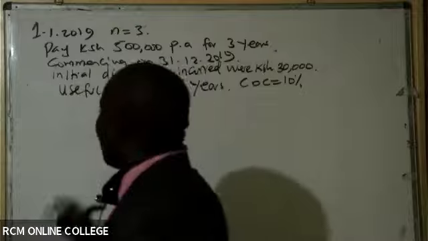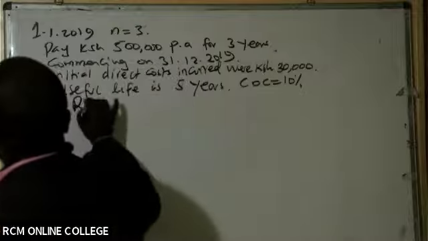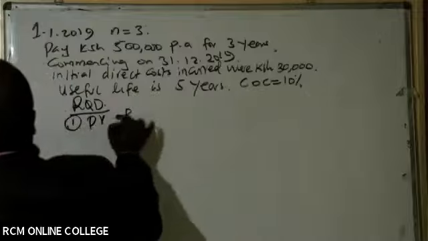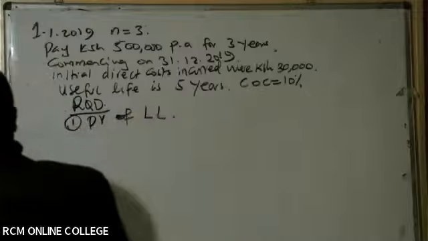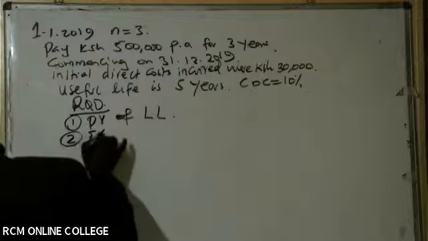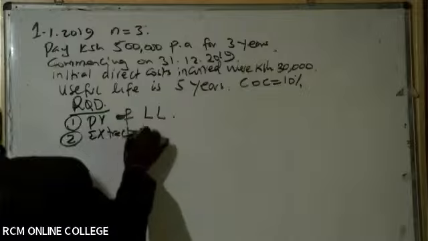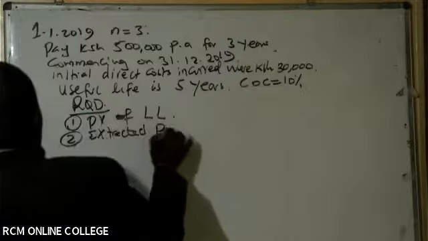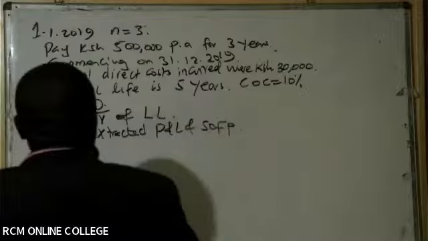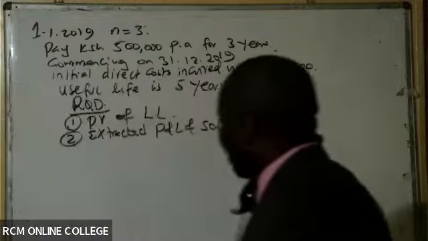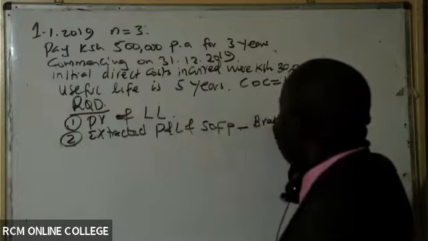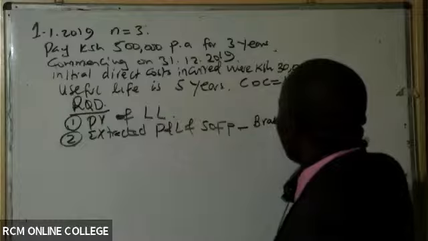So what are we required to do, ladies and gentlemen? Number 1, we are required to give the present value of the lease liability. And number 2, we are required to give the extracts of the P&L and statement of financial position in Breakwood's books.